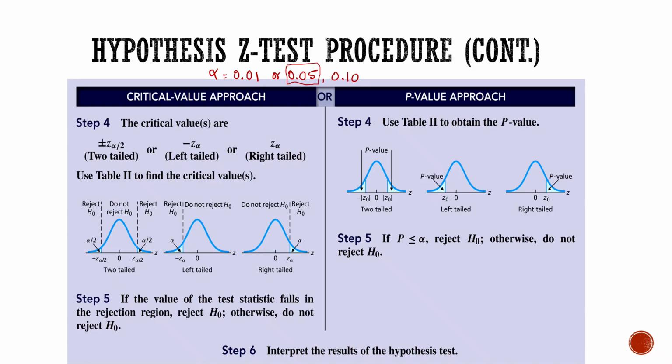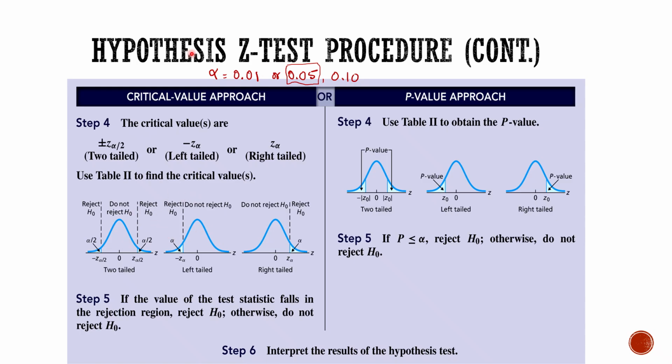And what this alpha value does is it creates regions on the standard normal curve. Since for proportions we are using the z distribution, these curves are all standard normal z curves, and we use the value of the significance level alpha to separate the curve into two regions, the reject region or the do not reject region.